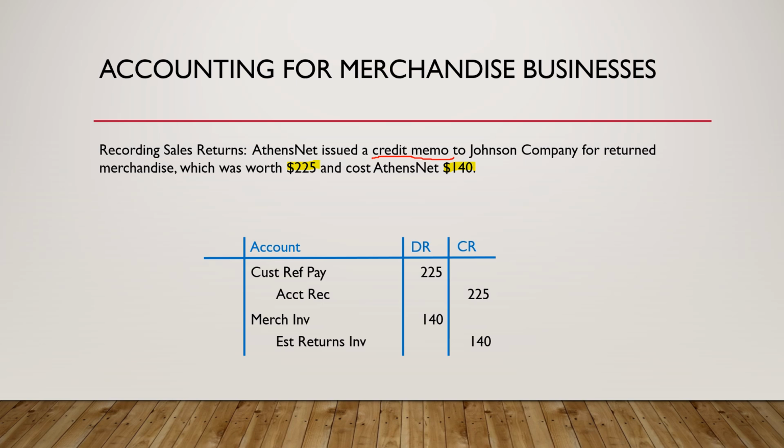If it helps, think of recording a return as a partial reversal of the original sale. To undo the sale, we credit AR to reverse the debit in the original entry. But we don't debit sales.